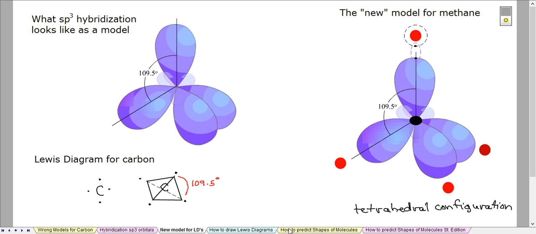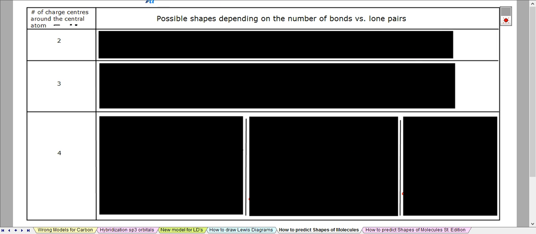All right. So we'll definitely come back to that because we can see here we've got 4 charge centers. In this case, there are 4 bonds. So let's go back to here and let's look at some of the easier ones.